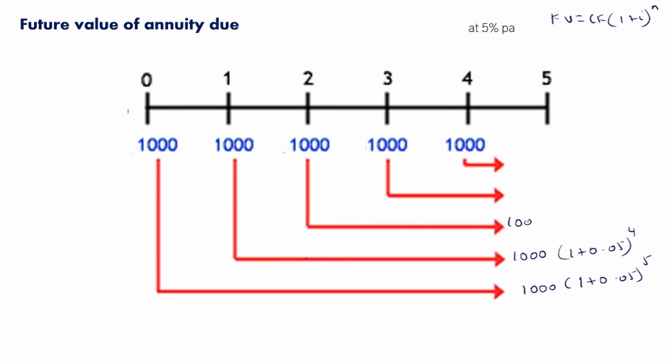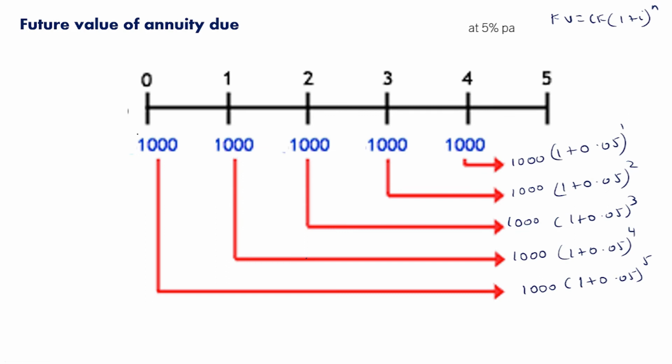And then it goes on, 1000 into (1 plus 0.05) the whole cube, then 1000 into (1 plus 0.05) the whole square, and then 1000 into (1 plus 0.05) the whole raised to 1. So again this is a geometric progression where the first term is 1000 into (1 plus 0.05) and the common ratio r is 1 plus 0.05.